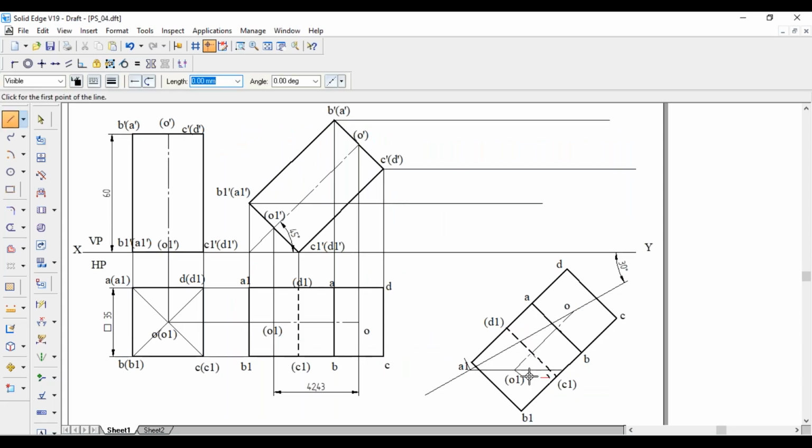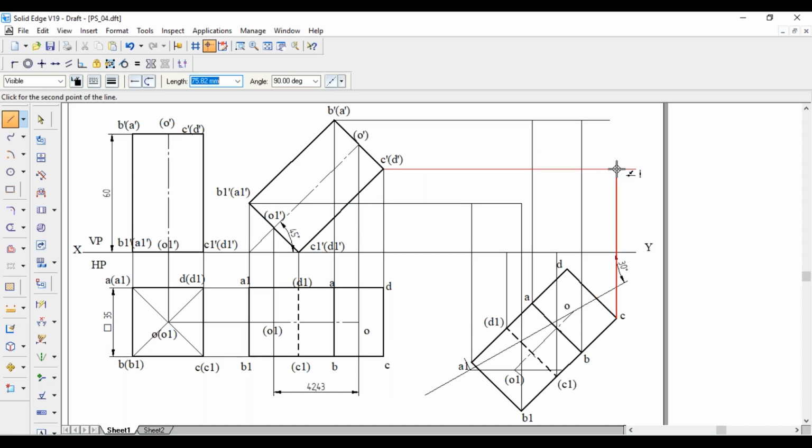From A1 dash on this line till this line, B1 dash is also on this line till this line, D1 it is on the XY line, C1 it is also on the XY line. Next from B dash it is on this line till this line, A dash it is on this line till this line, C and D.